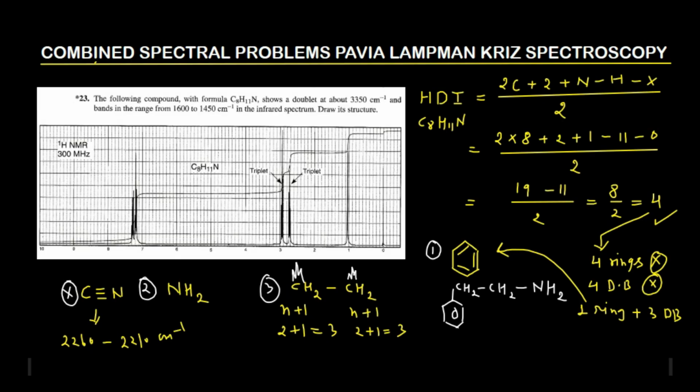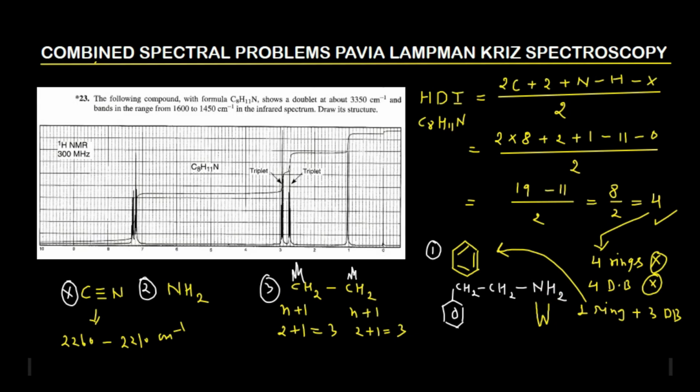We are left with the interpretation of the IR spectrum. Here you are getting a doublet at 3350 centimeter inverse. Why are we getting a doublet at 3350 centimeter inverse? Because you see this NH2 group is there. This NH2 will produce a doublet, like your molar teeth, kind of a W. This doublet is due to the presence of the symmetric and asymmetric stretch of the NH bond.